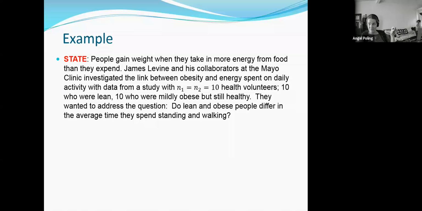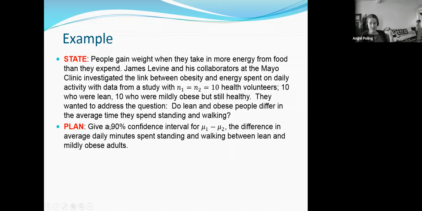But anyhow, in the plan stage, they do in fact ask us for the 90% confidence interval, right? So that's where they got the T-star from: they went and looked at the degrees of freedom 9 row in table C, the 90% confidence interval column, and then they found the T-star.